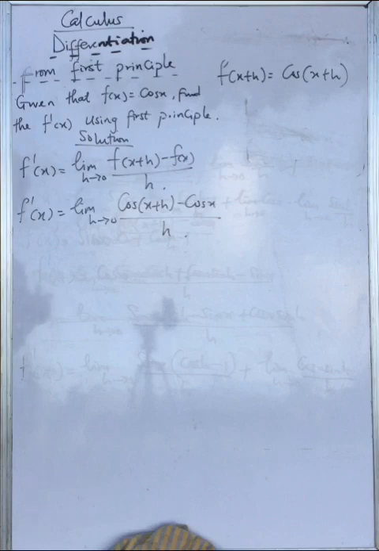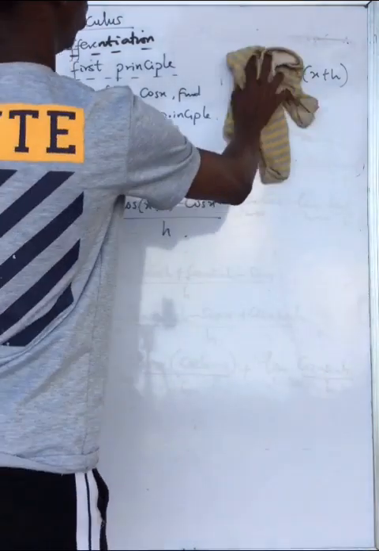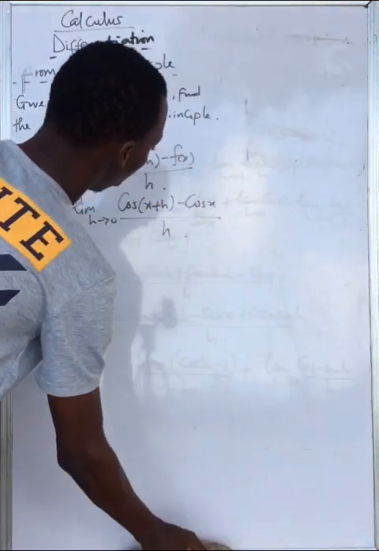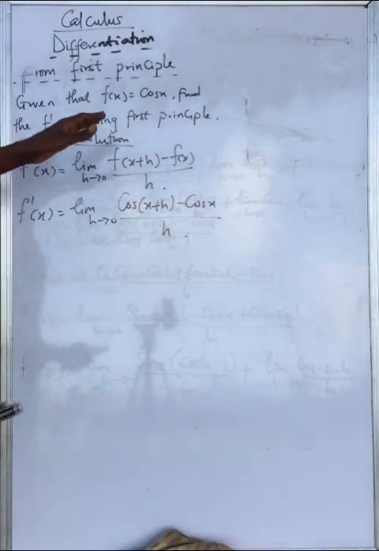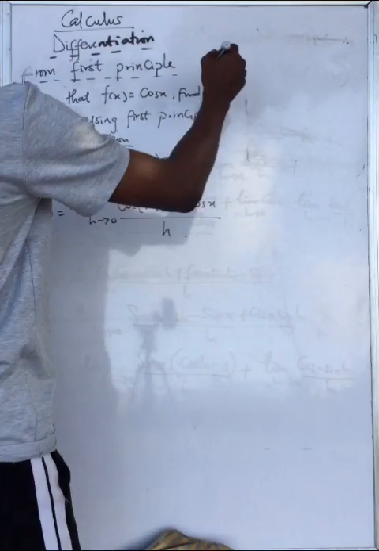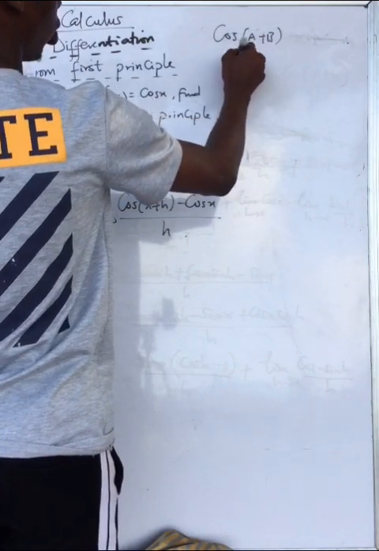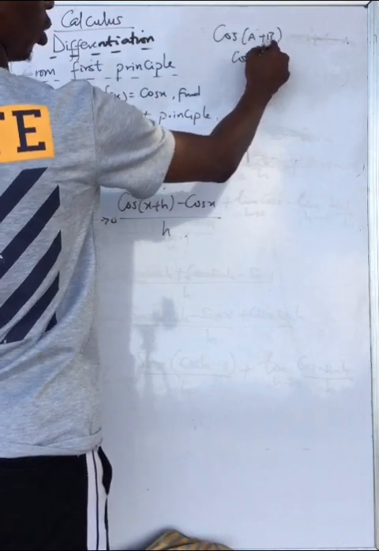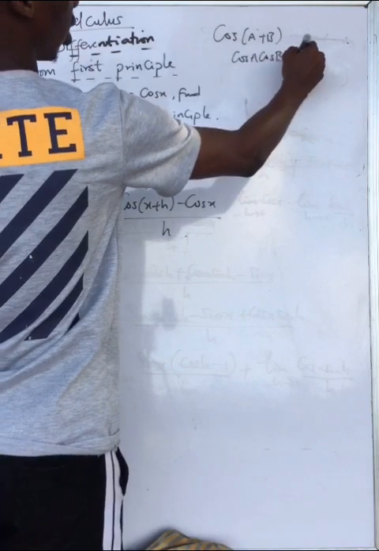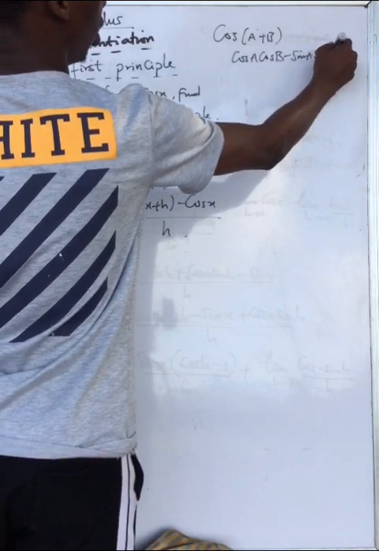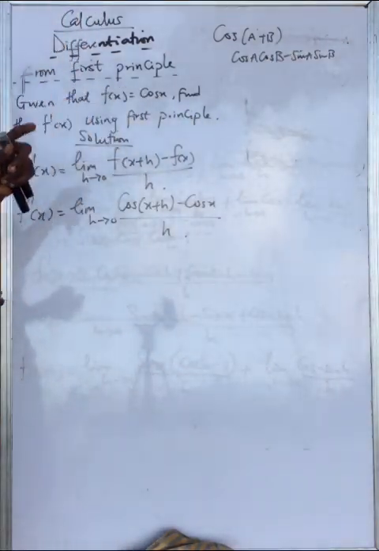So from here, always remember that we have discussed addition and subtraction of trig formulas. That means if we have cos of (a plus b), it becomes cos a cos b minus sin a sin b. Yes, no doubt, we are familiar with this kind of formula.